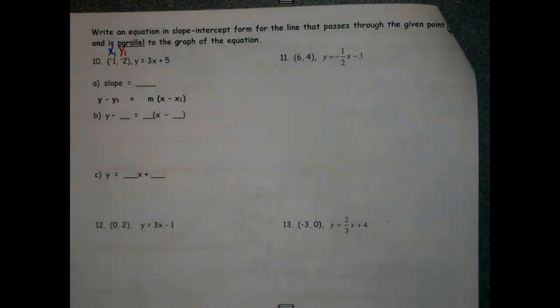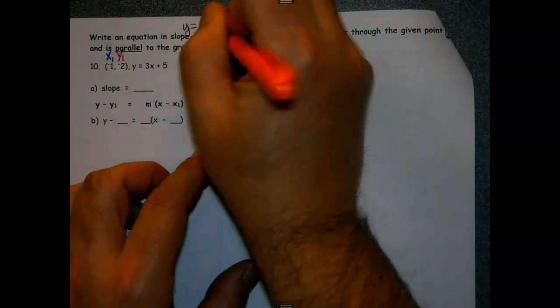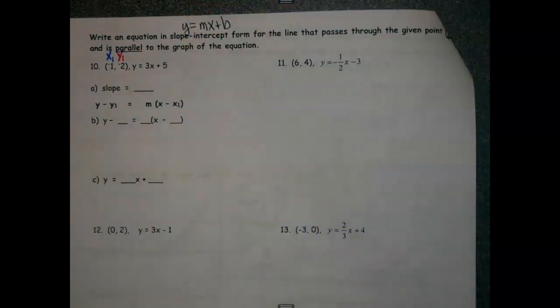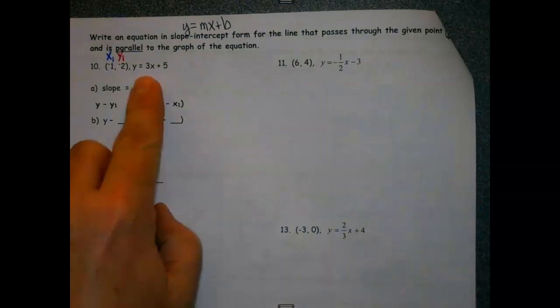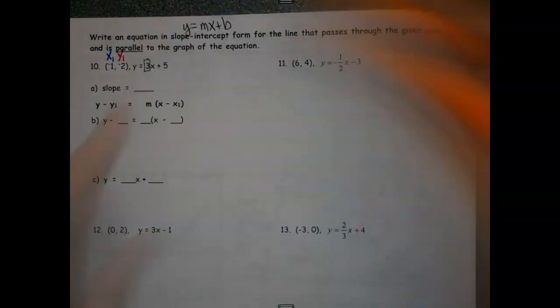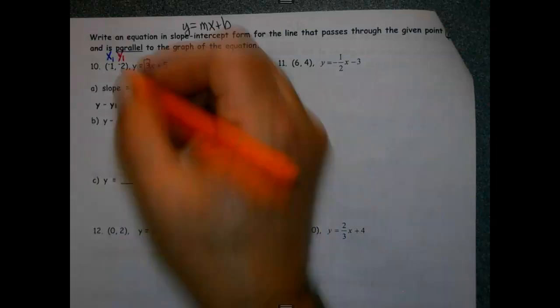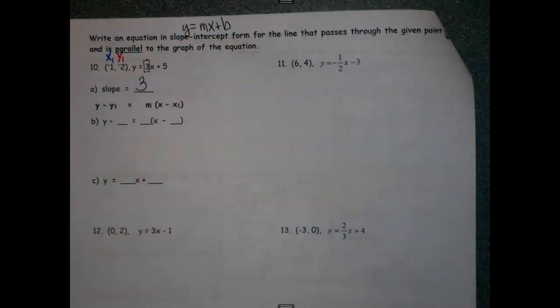Write an equation in slope-intercept form. So remember, the end goal is to get it into y equals. It's parallel, which means whatever the slope is of the line they give us, that's what we're using. Okay?